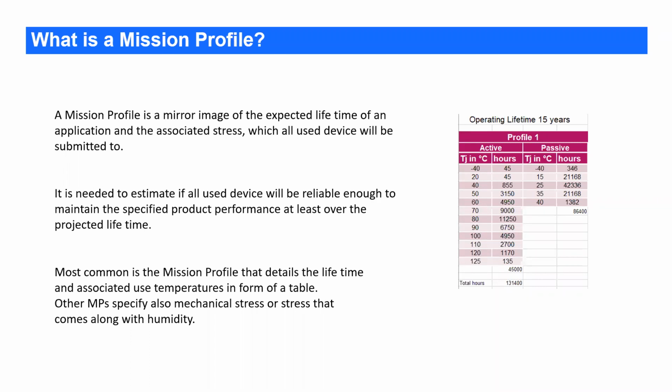If you have an ambient temperature available and you run a power device that has significant self-heating, you need to take into account that the junction temperature is or can be significantly higher than the ambient. And with these periods of time listed here, you try to mimic the stress that the device will be seeing in the field over the entire lifetime.